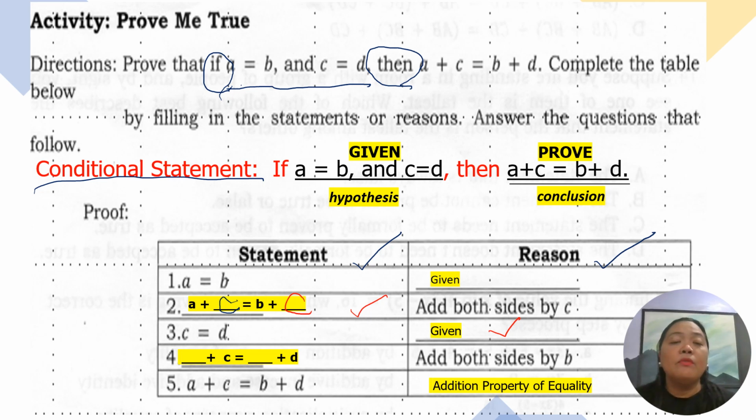Shall we go to statement number 4? Statement number 4 is a blank.